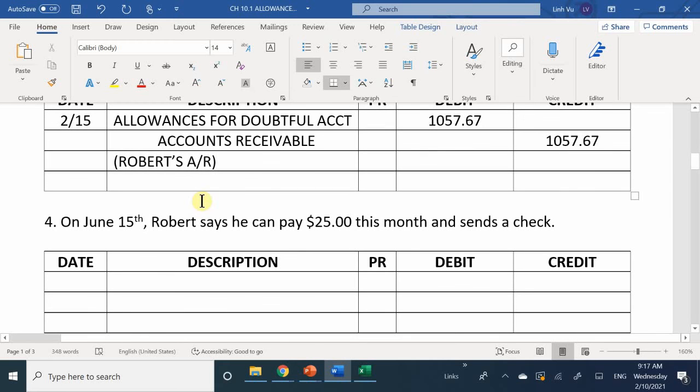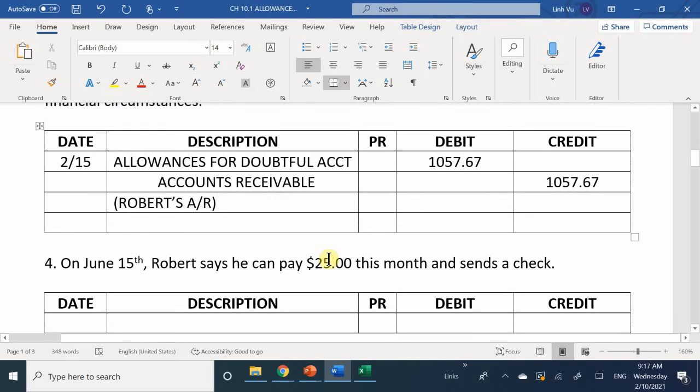So then on June 15th, a couple days later, Robert decides to pay, says that he can pay $25 this month and sends a check. Checking. Now, first off, where is the amount that he owes us? Where's his accounts receivable at?